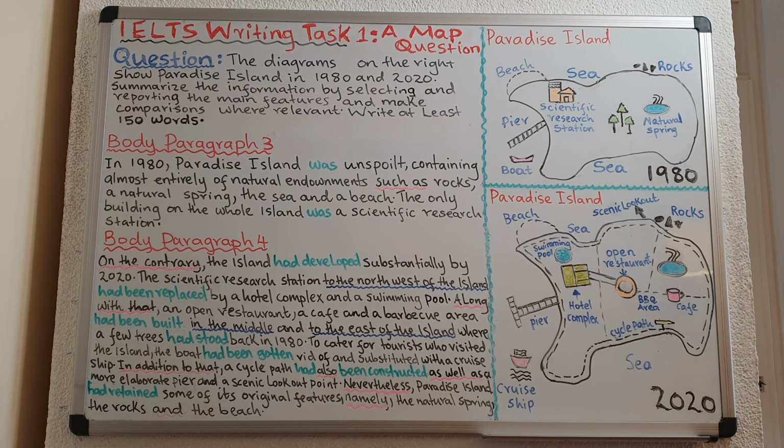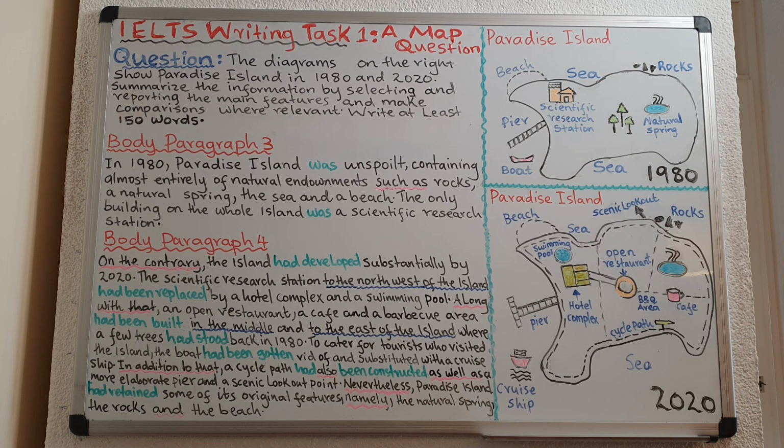Had developed, had been replaced, had been built, had stood, had been gotten rid of, had been constructed, had retained. Now, to retain is to keep the original features. Paradise Island had retained some of its original features. It had kept some of its original features. Some of its original features remained the same.